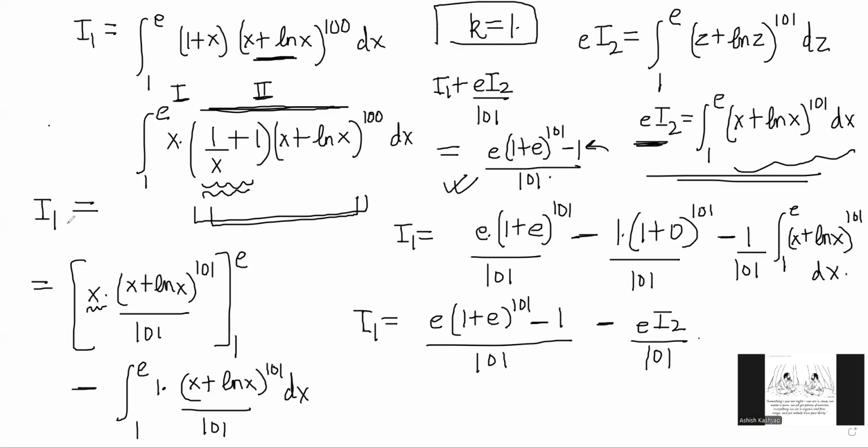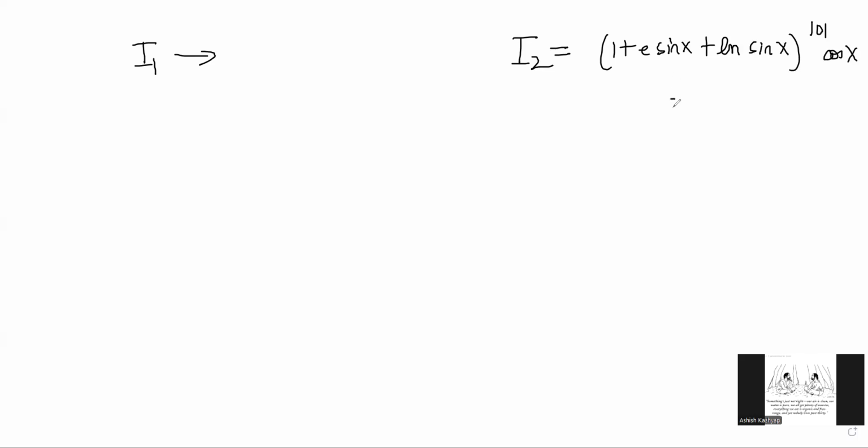So technically the problem is not very difficult. You have to see the form of I1 and the form of I2, and you should recognize that (1 plus e sin x plus ln sin x) to the power 101 cos x. Obviously, we should take sin x as t. And once you take sin x as t, you'll get (1 plus e t plus ln t) to the power 101. And then 1 and ln t can be combined and it is ln et plus et.